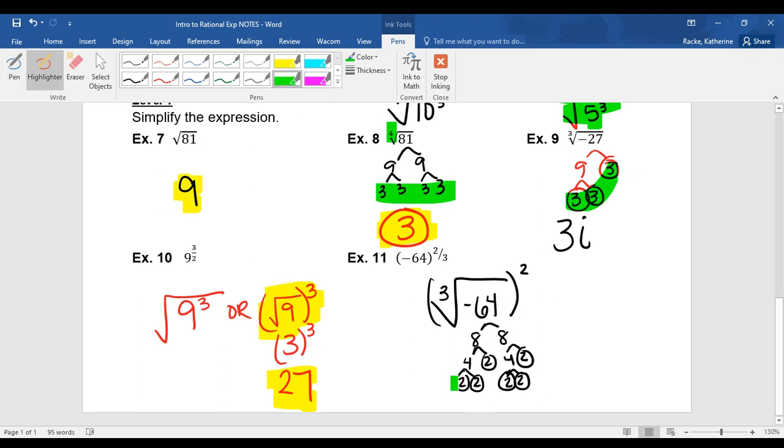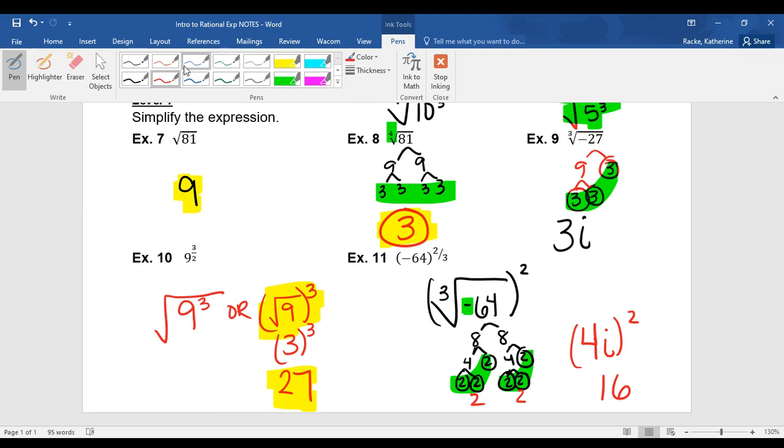So there is a group of 3 there and a group of 3 there, looking for a perfect cube. 2 times 2, because I'm pulling out 2 groups of 2, would give me 4. And bring out that i because of that negative. And then I need to square that. So 4 squared is going to give me 16.